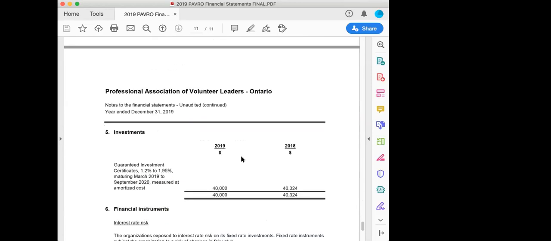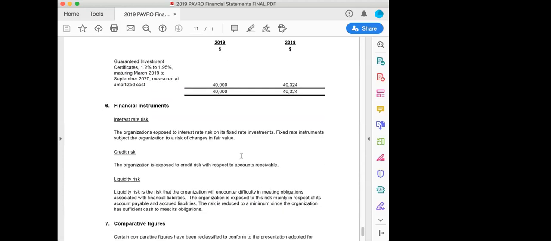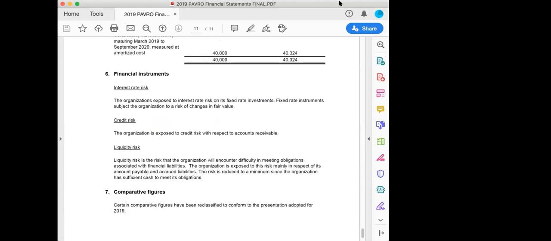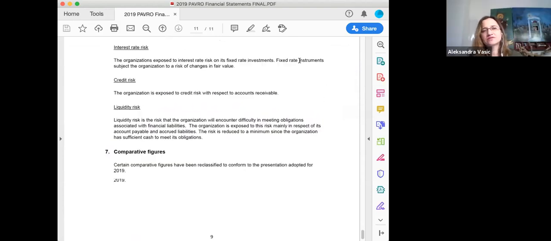If there are any questions, I can take them, but that's a brief overview of the financial statements. We should also add that these financial statements are now posted on the website, on the AGM page, which you can find under the About Us section.